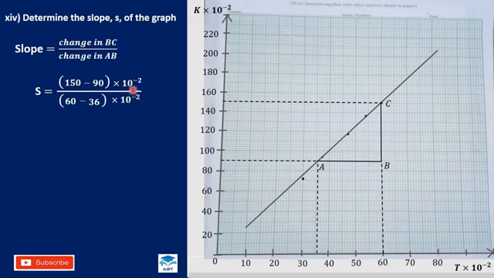So times 10 exponent -2 will cancel out. And 150 minus 90 is 60. And 60 minus 36 is 24. So we divide 60 by 24 and we have 2.5 as our slope.